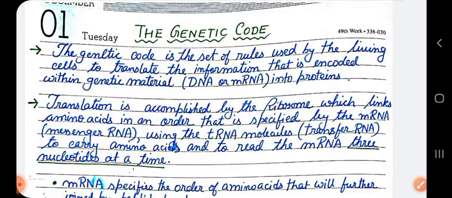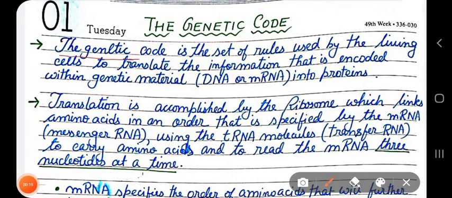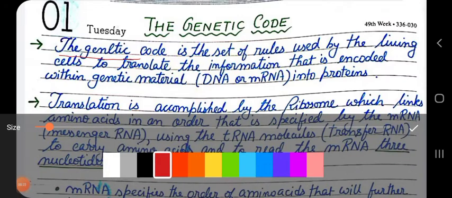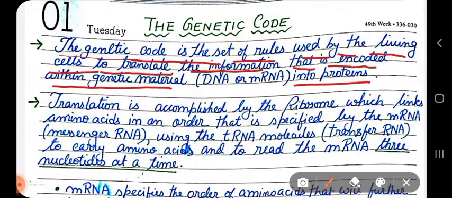So about the genetic code, what is genetic code actually? It is a set of rules. Genetic code is generally a set of rules used by living cells in order to translate the information which is encoded within the genetic material into proteins.